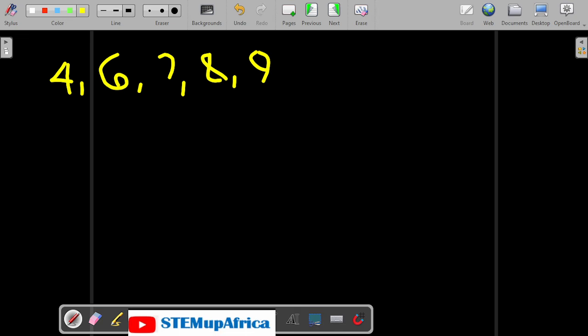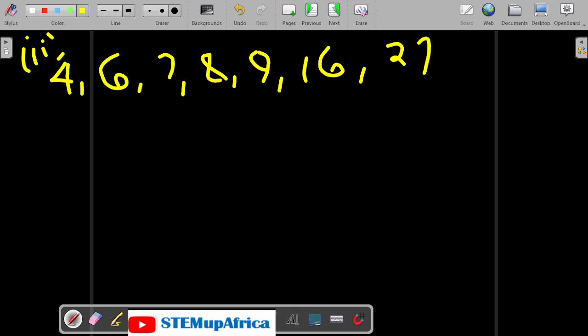Then when x is 13, 13 plus 3 will give us 16. Then followed by 13 times 2, that is 26 plus 1 is 27. So these are the numbers in ascending order.